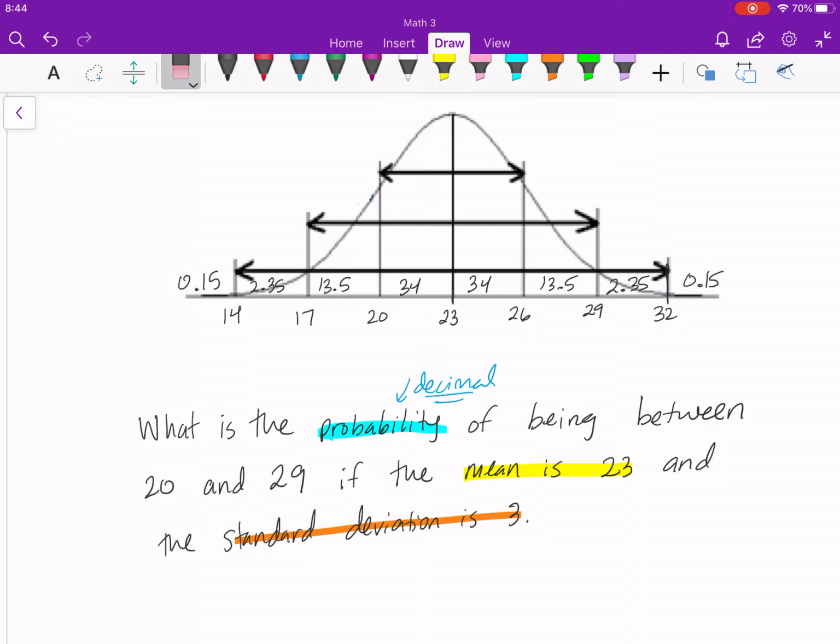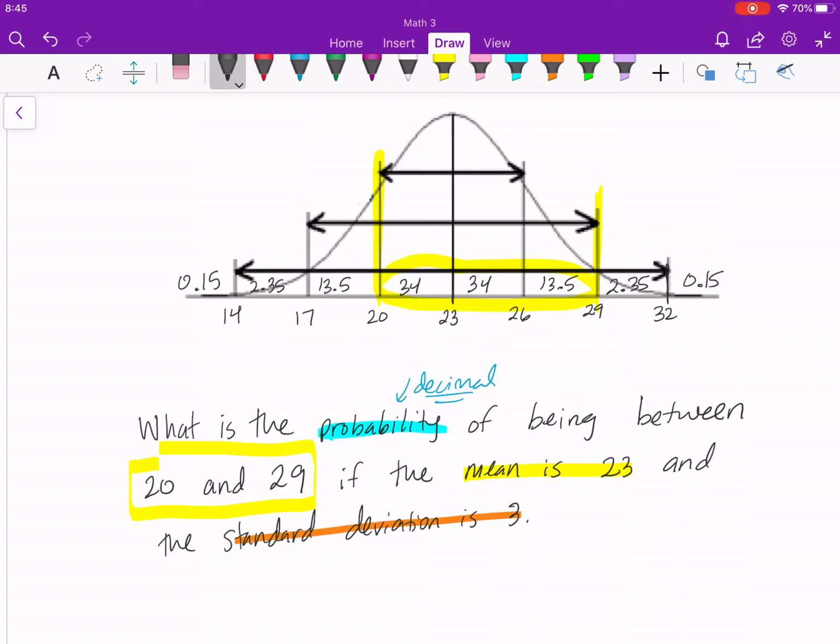So remember, these are percents. We'll convert it in a second. But if we're going between 20 and 29, you need to find the mark where it's 20, and then the mark where it's 29. Now notice none of these percents are right on a line. They're in between lines. It's important to remember because we're just going to add up all these percents that are in between.